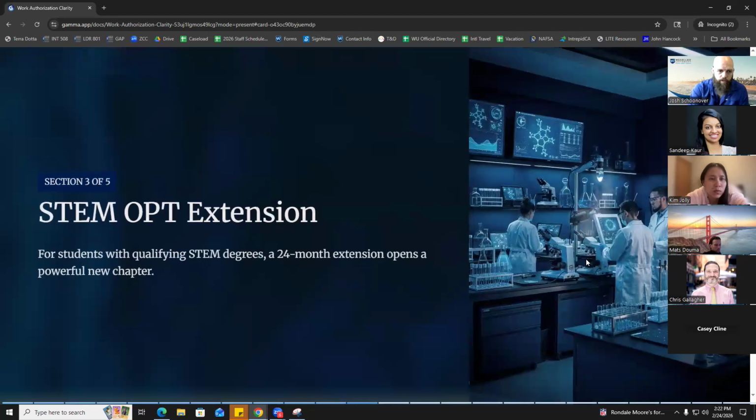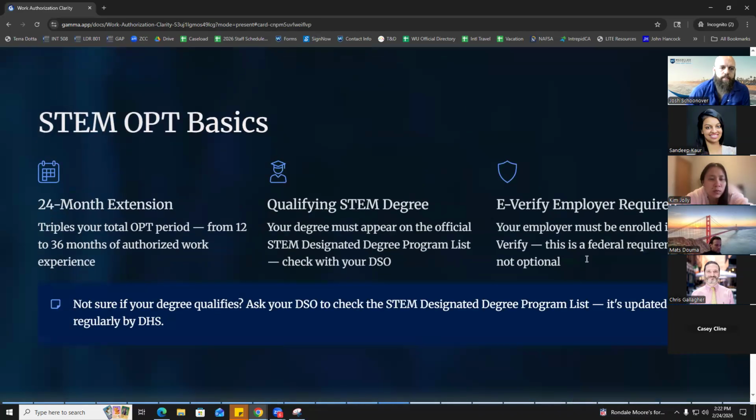That's OPT. We'll transition now to STEM OPT for those of you with a STEM qualifying degree. It effectively triples the amount of time that you're able to work after you graduate from 12 months to 36 months. One thing that's very important to keep in mind is that the STEM employer does need to use E-Verify. That's not required for CPT or for OPT, but it is required for STEM OPT.